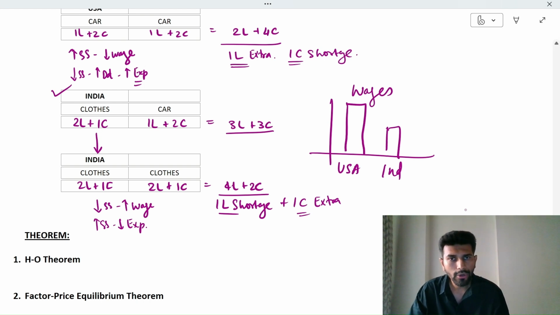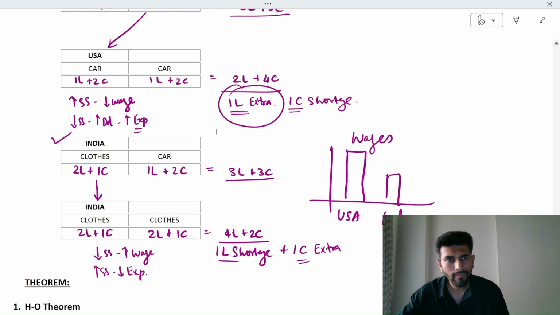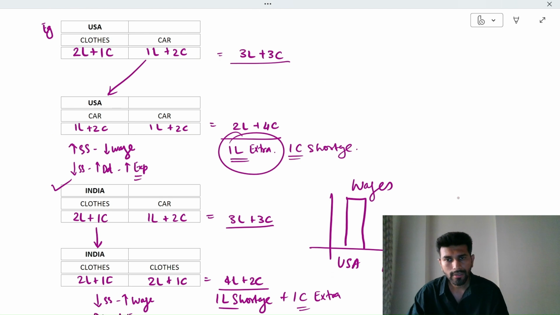So due to extra labor available in USA, it will reduce the wage rate, and in India, due to less supply of labor, it means there is a shortage of labor, it will increase the wage rate. So ultimately, it will be in equilibrium. This is called the factor price equilibrium theorem.